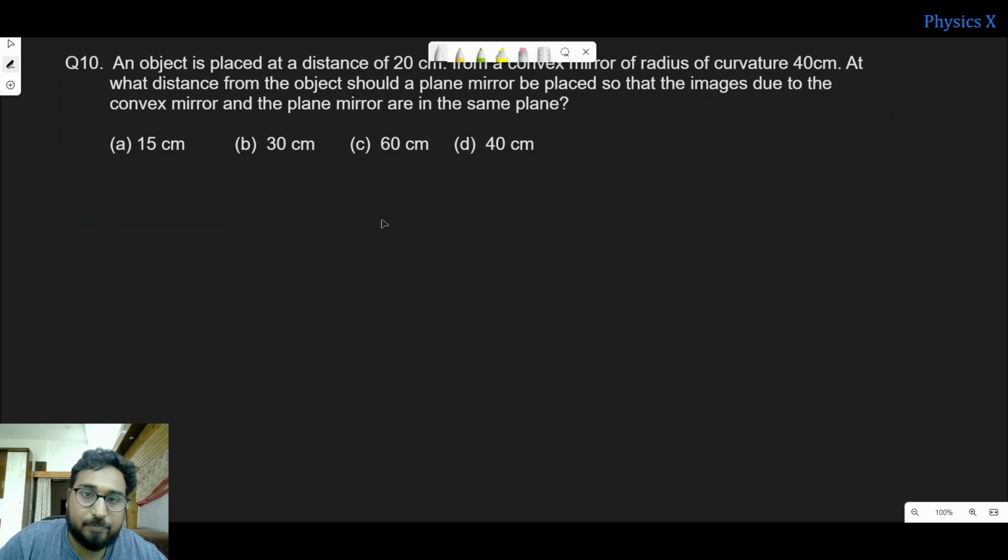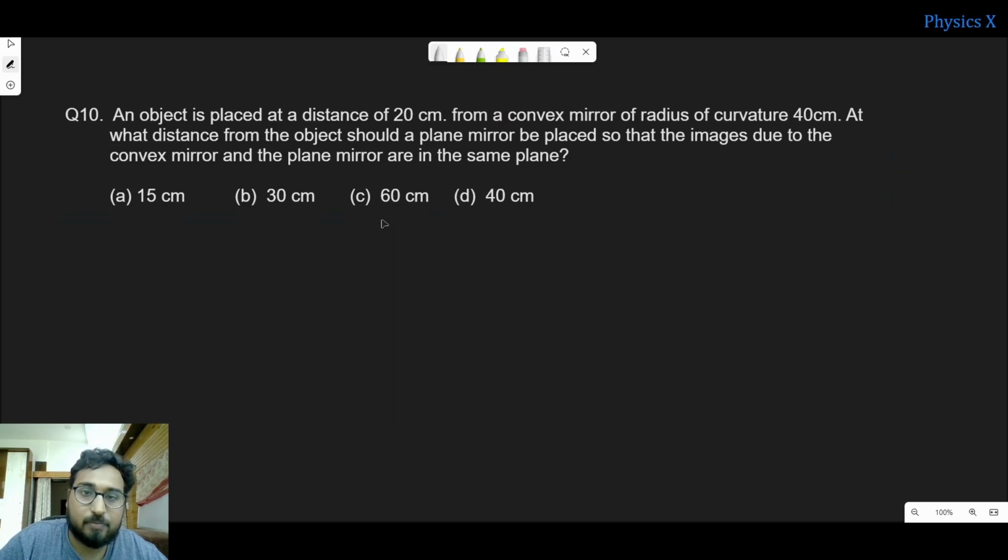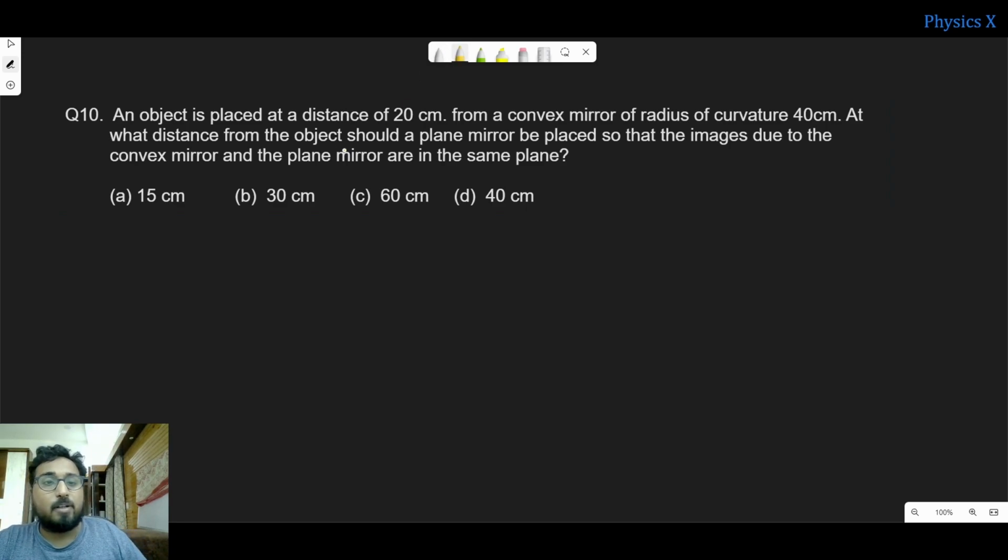Okay, this question. An object is placed at a distance of 20 centimeter from a convex mirror. So suppose this is your convex mirror, this is your pole. He's telling that the radius of curvature of this mirror is 40 centimeters.